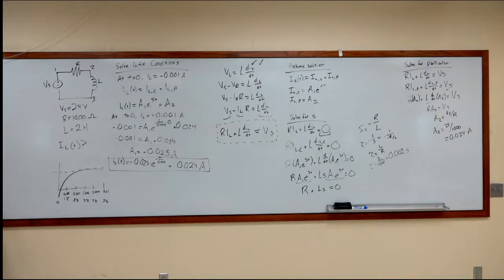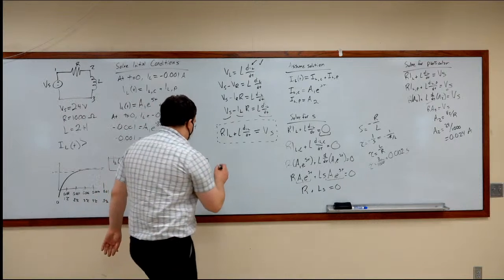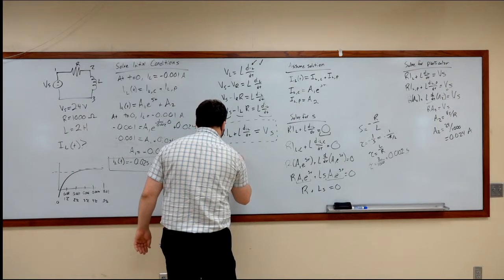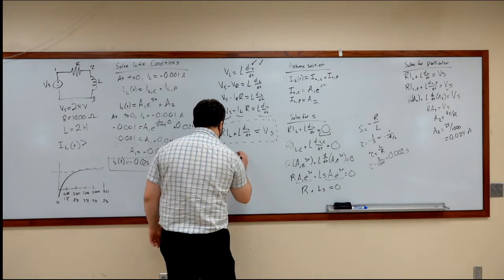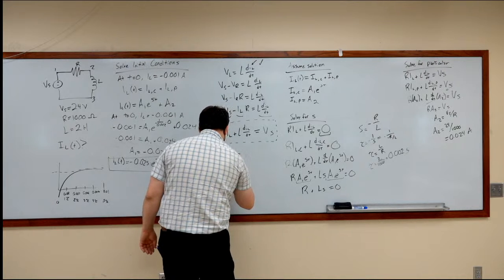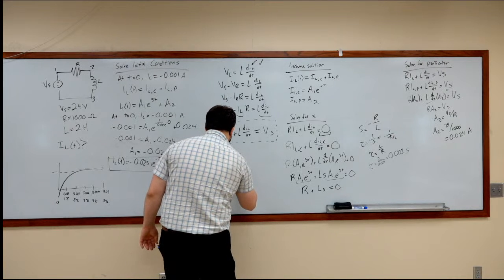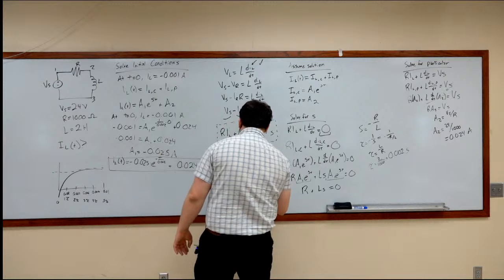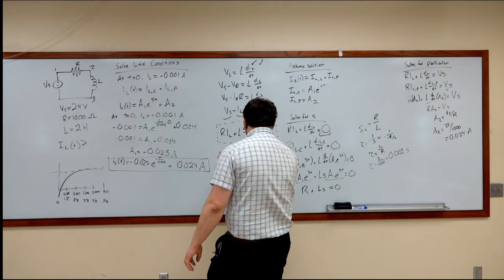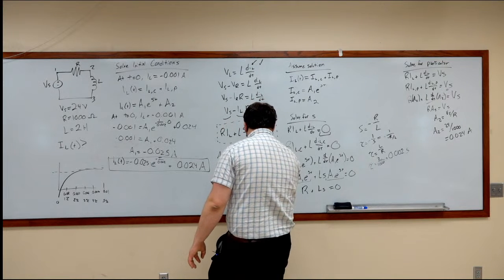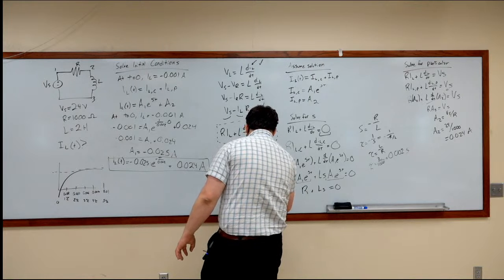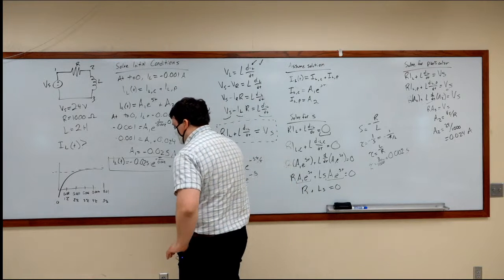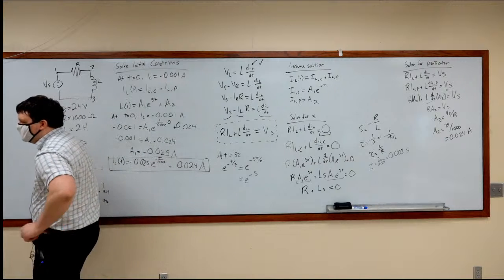What happens when you plug in 5 tau in e to the negative t over tau? At t equals 5 tau, e to the negative t over tau is equal to e to the negative 5 tau over tau, which is equal to e to the negative 5.